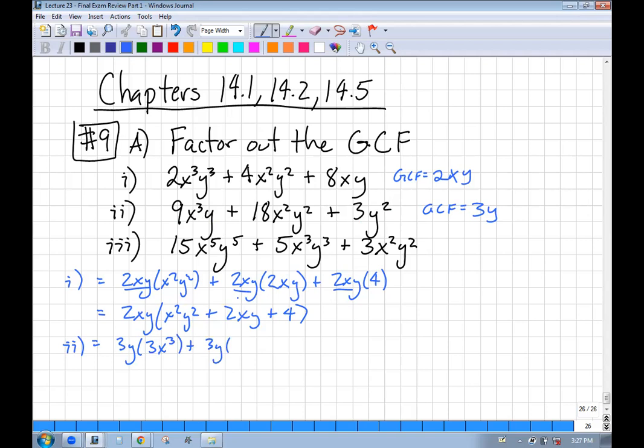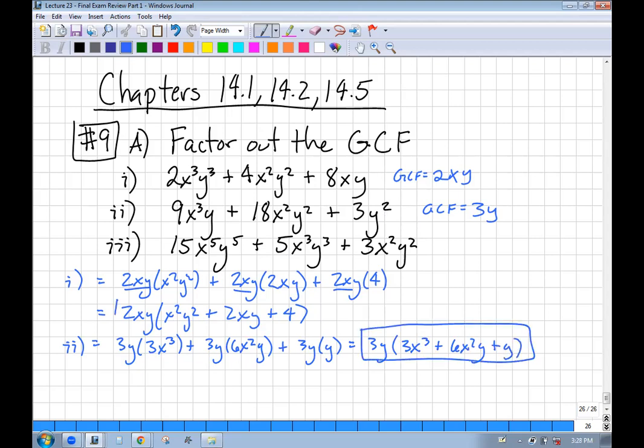The next term, to get an 18, I need a 6 and the x squared. I only have one y, I need 2 y's. In the last term, it's a 3y squared, so I didn't need a y. So I have 3y all times a 3x cubed and a 6x squared y and a y. Box my answer. Looks like I forgot to box my answer.